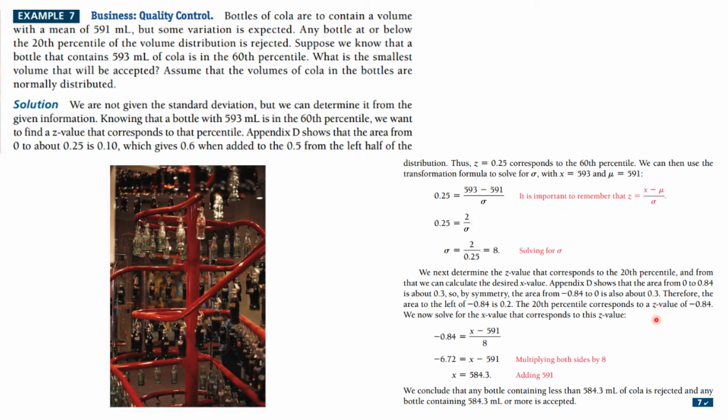Therefore, the area to the left of minus 0.84 is 20%. That's the 20th percentile. So we have that the z-value minus 0.84 is equal to x, that's what we don't know, minus 591 over 8. And we're going to solve for x. We multiply both sides by 8 and add 591, and this is the answer.